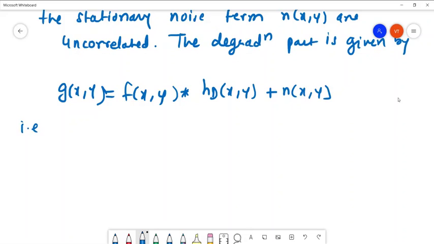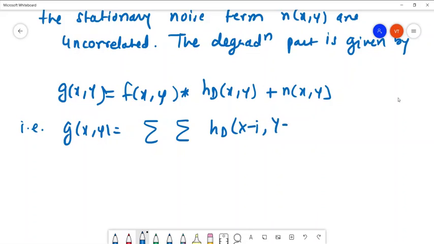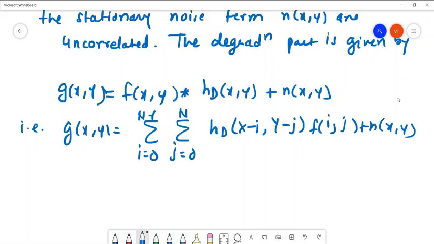That is, g(x,y) equal to the double summation of hd(x minus i, y minus j) f(i,j) plus n(x,y), where i varies from 0 to N minus 1 and j varies from 0 to N minus 1.